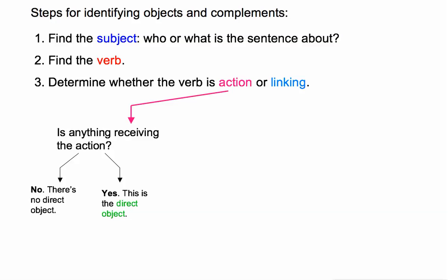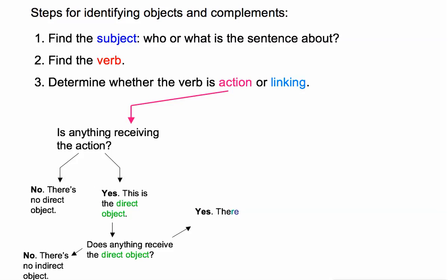If you have a direct object, then you're going to ask, does anything receive the direct object? If your answer is no, then you don't have an indirect object. If your answer is yes, there are two possibilities. The first is that there is no prep phrase or that the thing receiving is not in a prep phrase.